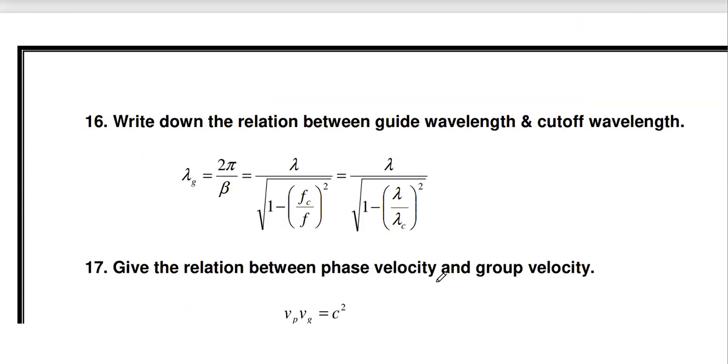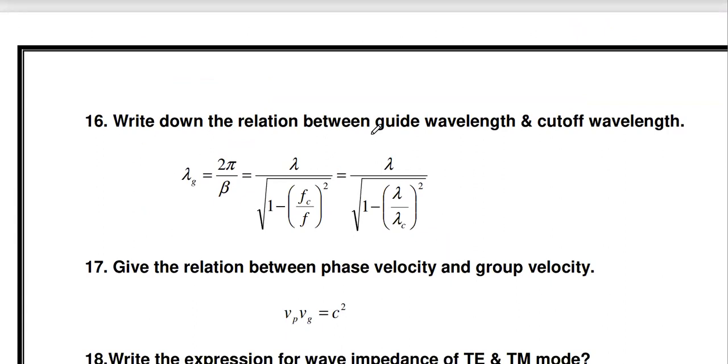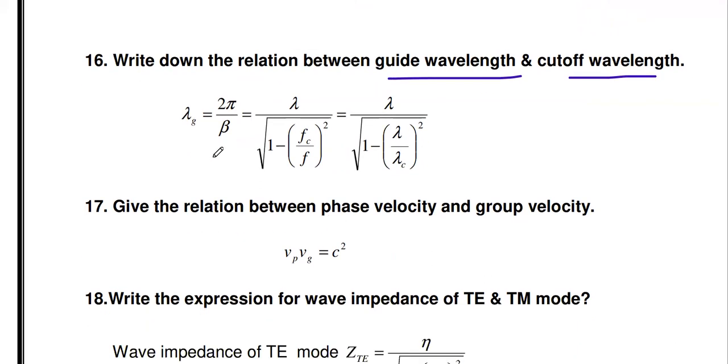Then the next question: write down the relation between guide wavelength and cutoff wavelength. Guide wavelength is lambda g, and cutoff wavelength is lambda c. The relation is lambda g equal to lambda by square root of 1 minus (lambda by lambda c) the whole square.